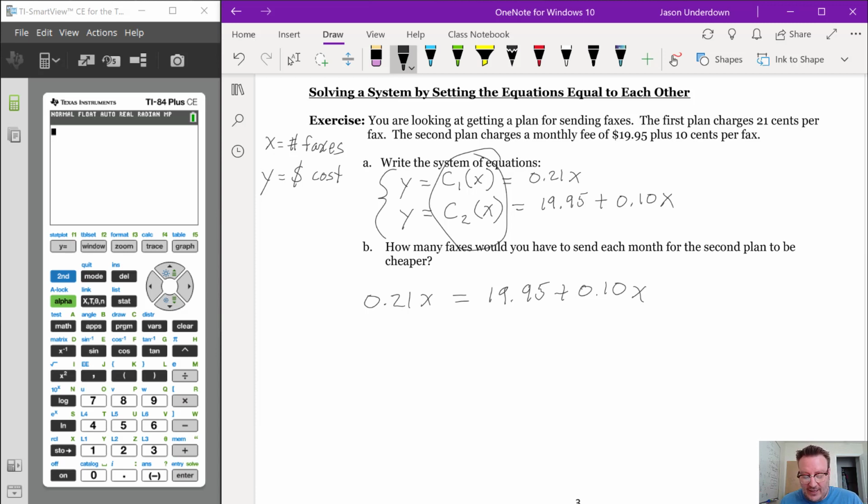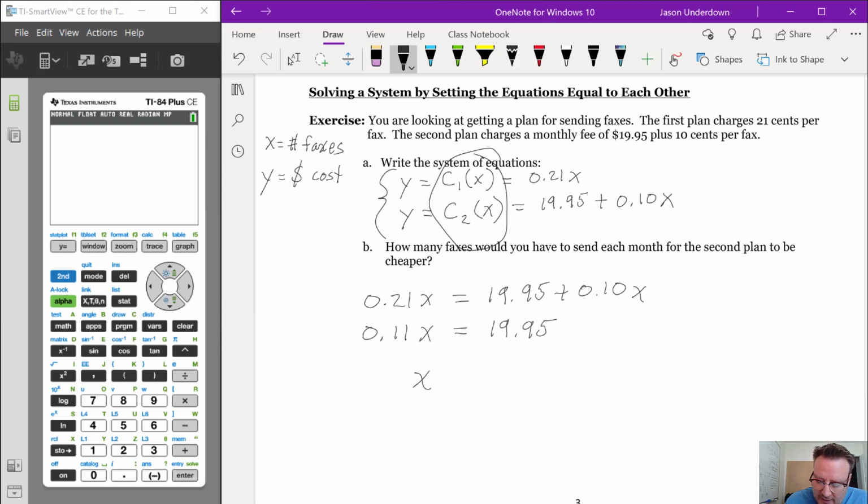0.1x from both sides of the equation, and I'm left with 21 cents minus 10 cents, which is 11 cents. So 0.11x equals 19.95.